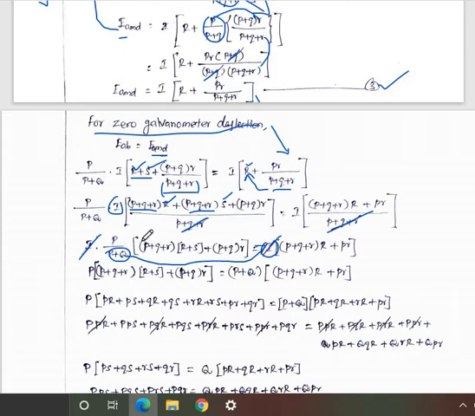So capital P into P plus Q plus R into capital R plus S plus small p plus q into small r equals, with the denominator going to multiplication here on the right hand side, capital P plus Q into small p plus q plus R into capital R plus PR. And here we can multiply that, each and every term we have to multiply.